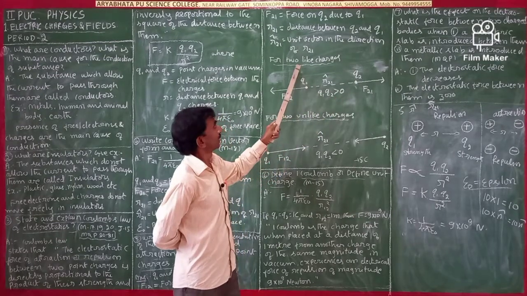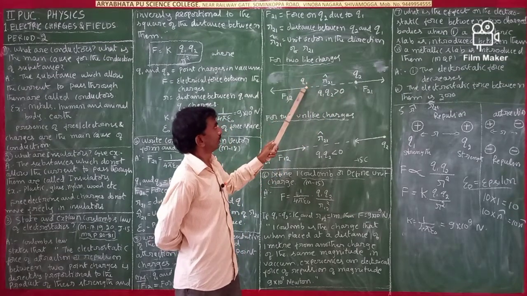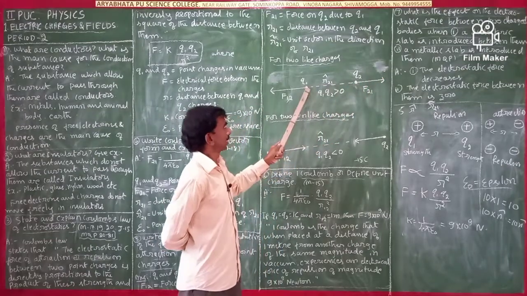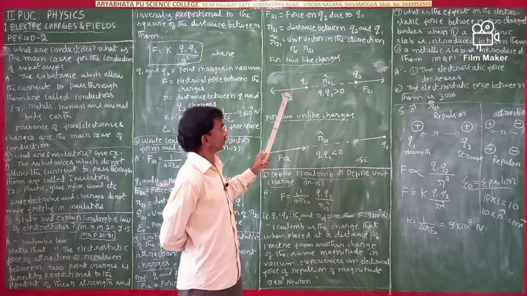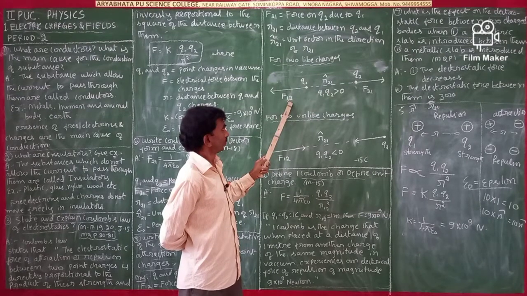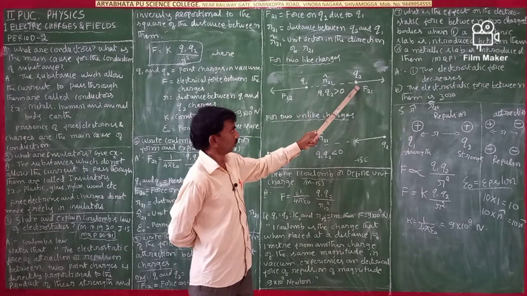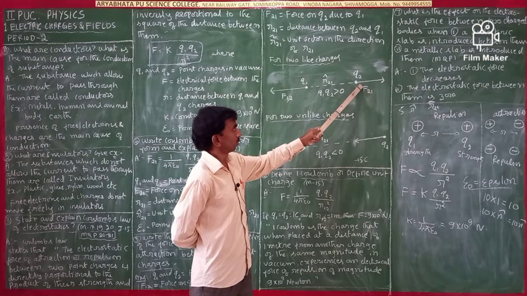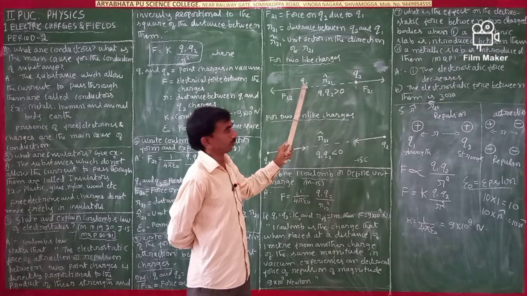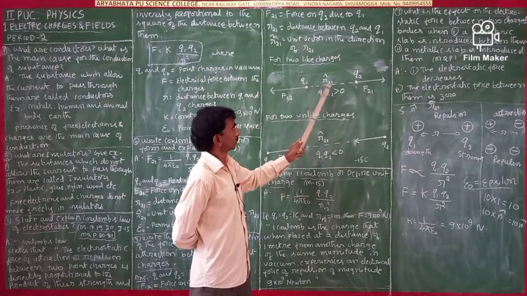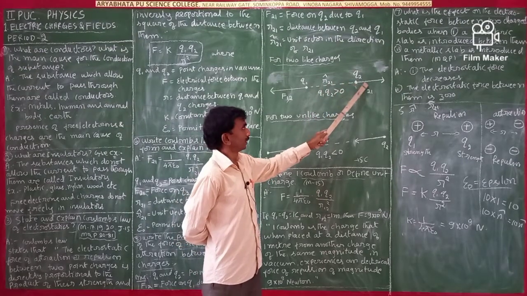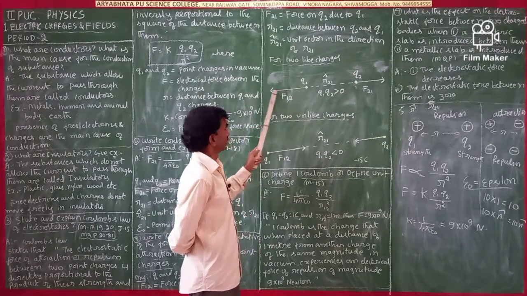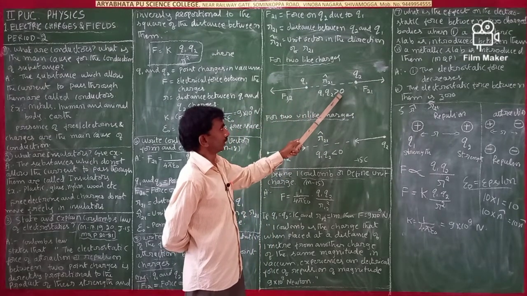So in the pictorial representation, Q1 is in this direction and Q2 is in this direction, because they are the same charges. F12 means force on 1 due to Q2. F21 means force on 2 due to Q1. So these forces go to this side: the Q1 force goes to this side and the Q2 force goes to this side. Q1 Q2 is greater than 0.